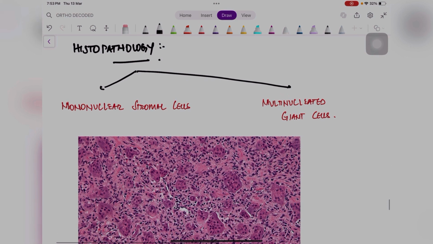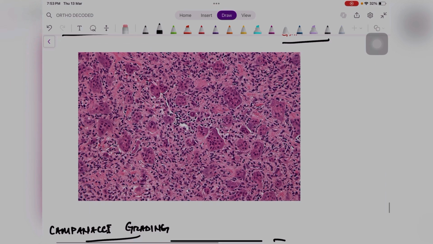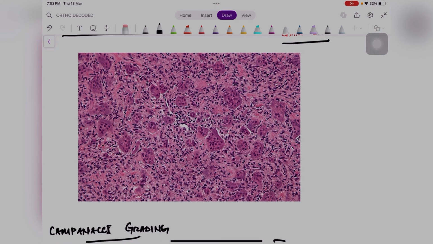On histopathology, you will see two types of cells. One is the mononuclear stromal cells, and the second is the multinucleated giant cells. Can you see here? All these are the mononuclear cells, but here you also see giant cells. These giant cells have many nuclei, ranging from 20 to 40 or 60.